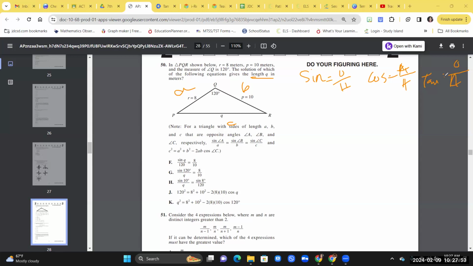So we try that. You see this one. It's got to be Q squared is equal to a squared plus b squared minus 2 times a times b times cosine C, which would be the cosine of the angle. So I know again.